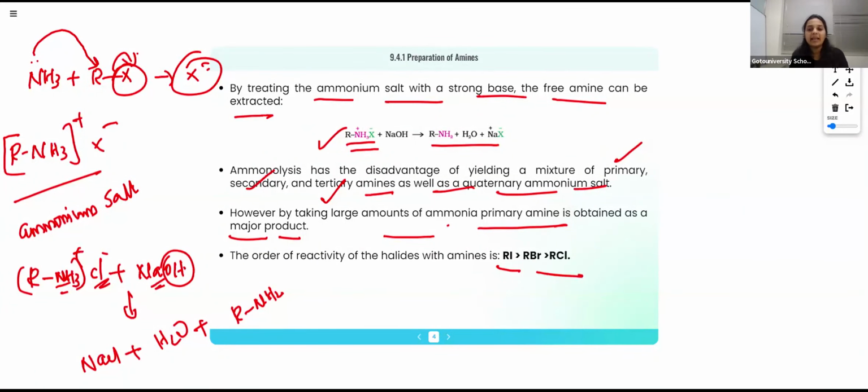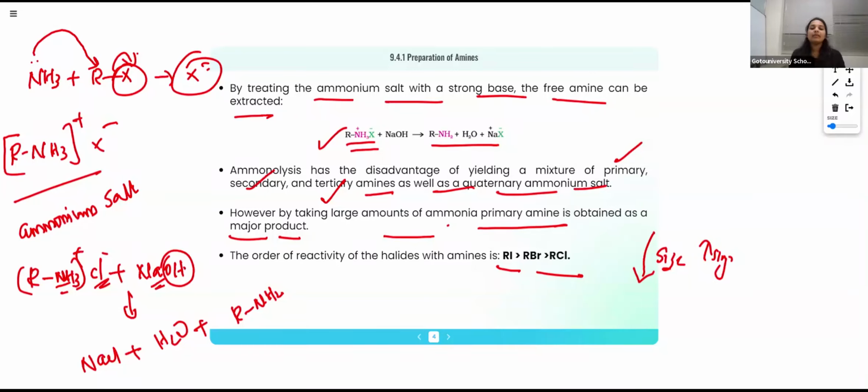Why is it alkyl iodide? See, we know in case of halogens, down the group, the size is increasing. When the size is comparatively too high, they are not able to make a strong bond, right?